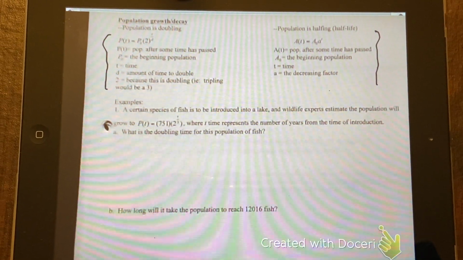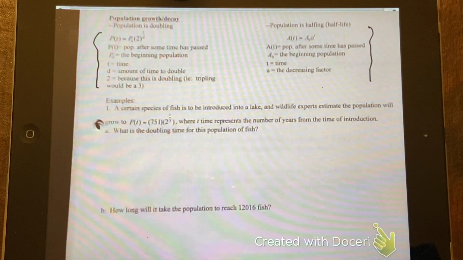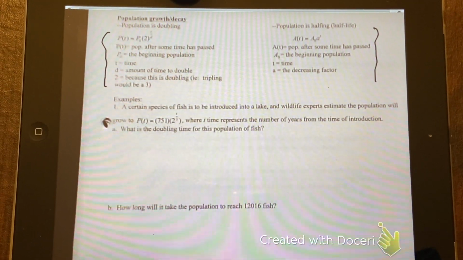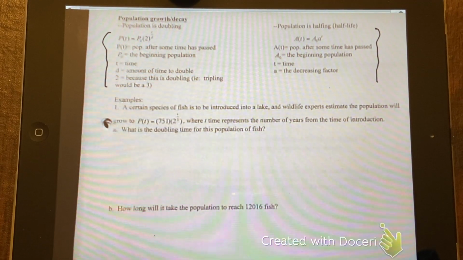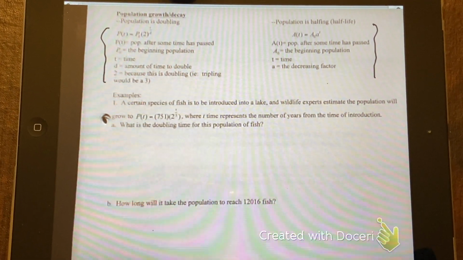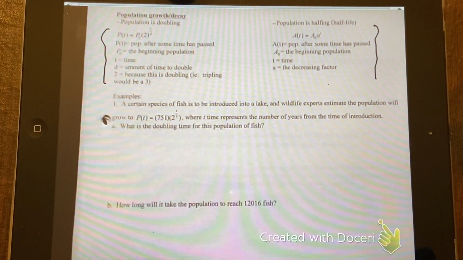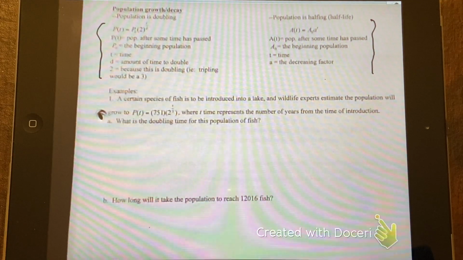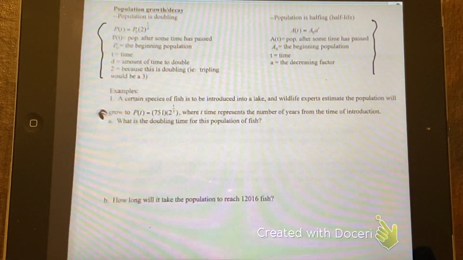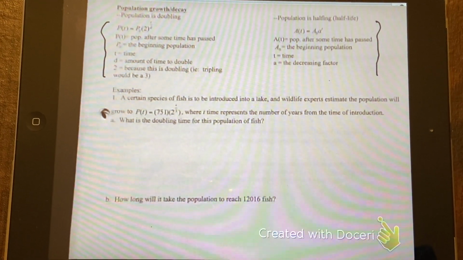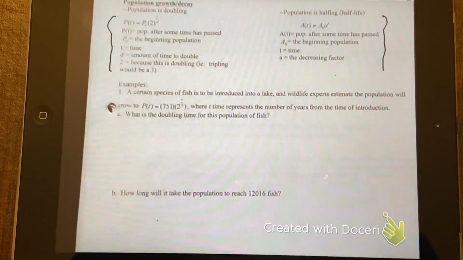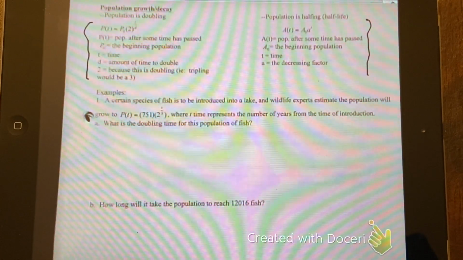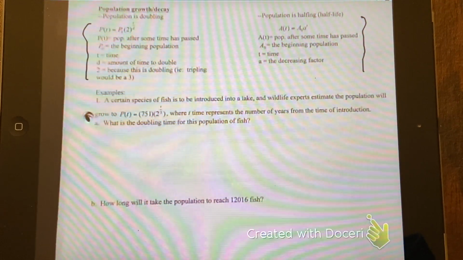So we got a certain species of fish introduced into a lake, and wildlife experts estimate the population is going to grow according to this formula. 751 is the initial population we start off with. And this 2 is the amount of doubling. I want to be doubling the amount of fish that I started off with. T, the unknown in the exponent, is how long it will take to do this.